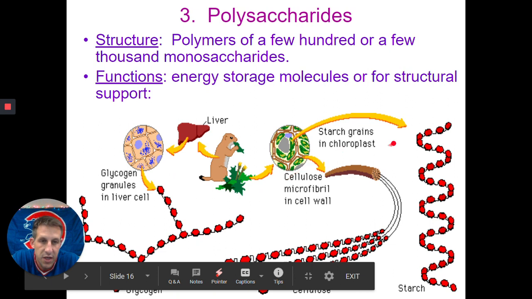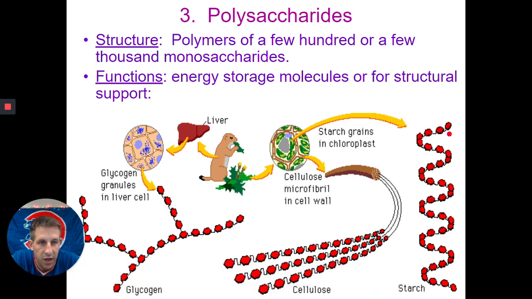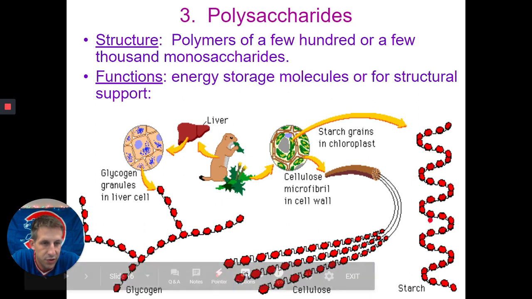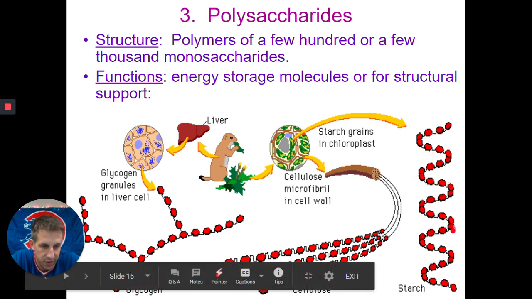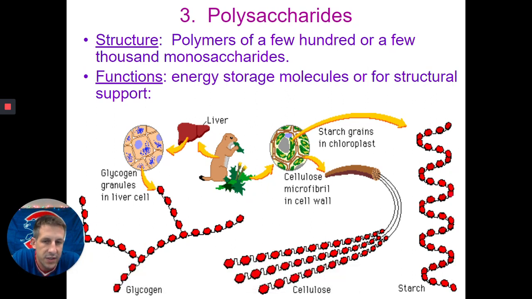All right, let's talk about the structural forms of these sugar molecules, these polysaccharides. We'll talk first about cellulose, and then I'll transition to the next slide and talk about something called chitin. And so cellulose is a structural molecule that is found in the cell walls of plants.